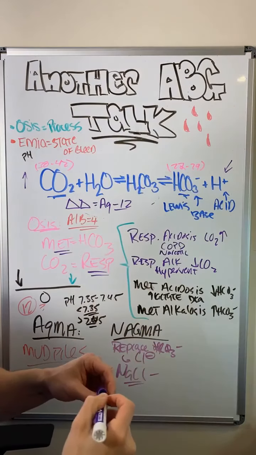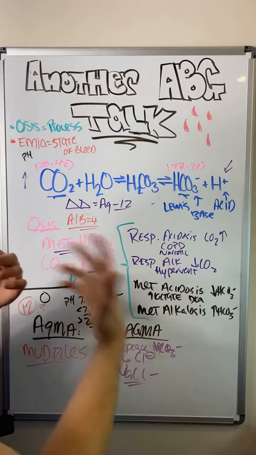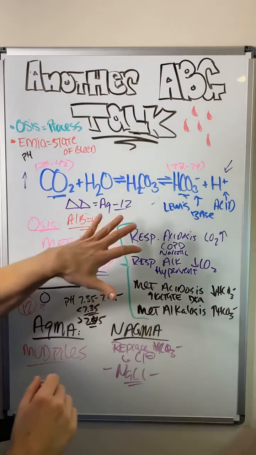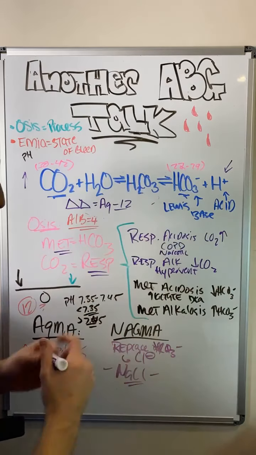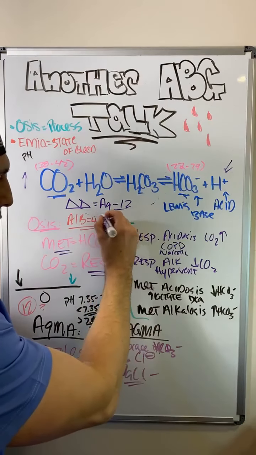This is important because, and we're going to run through a practice problem at the end to illustrate all this, say you have an anion gap of 22. That would make your delta-delta 10.